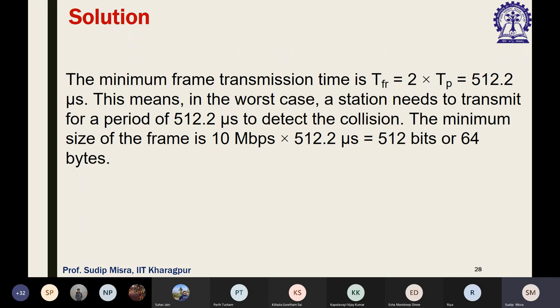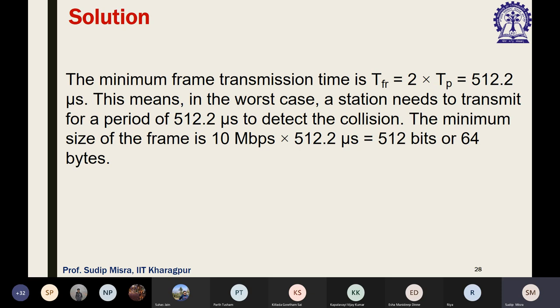But one important result in CSMA/CD is that the minimum frame transmission time, which is the TFR, is at least 2 times the propagation time. So the frame transmission time TFR must be at least 2 times the maximum propagation time.